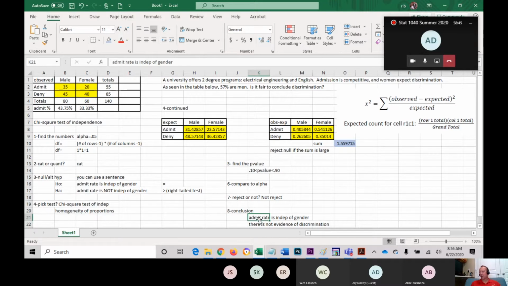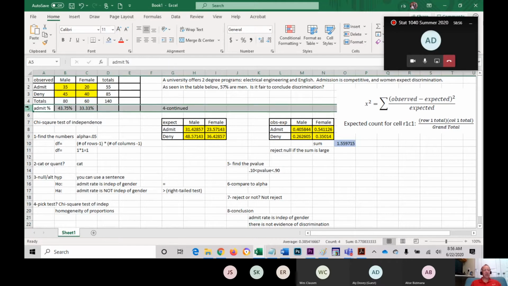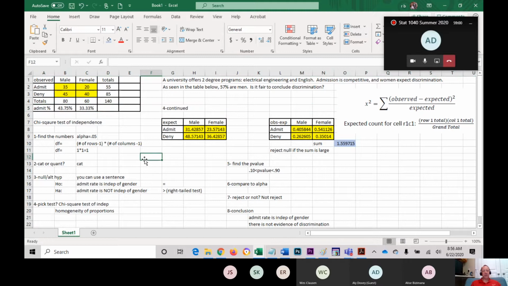There was a lawsuit filed at the University of California at Berkeley. It looked just like this: women were being discriminated against. Then they did a bunch of test statistics, and they said there's no discrimination. And they said, there's got to be discrimination.